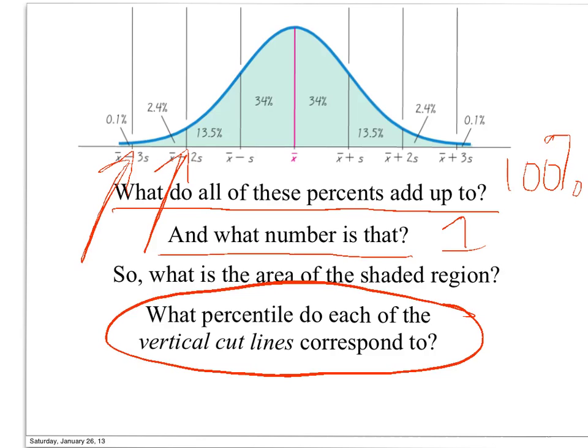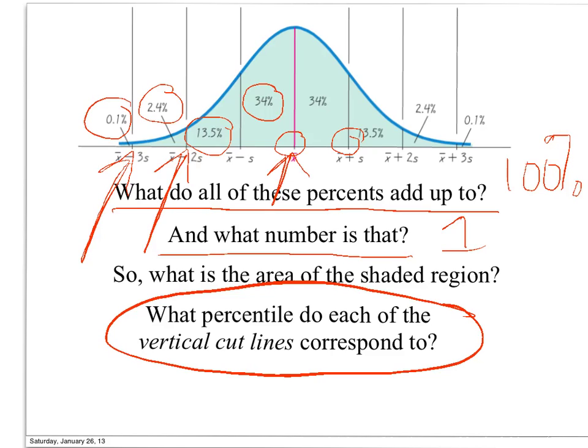I'll just give you a hint. I'll do this one for you, and maybe I'll do that one as well. Remember, this is x bar, and in a perfectly symmetrical normal distribution, x bar is the same as the median, and so that would be the 50th percentile. And it's the 50th percentile because that's 34%, 13.5% plus 2.4% plus 0.1%, I believe that adds up to 50%. Yes, it does.